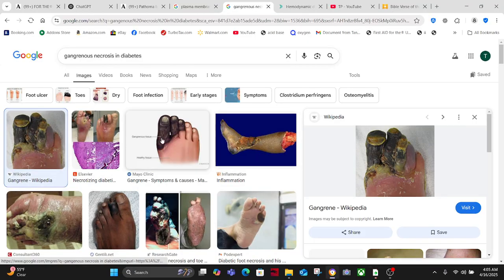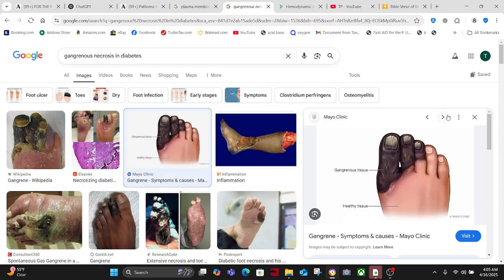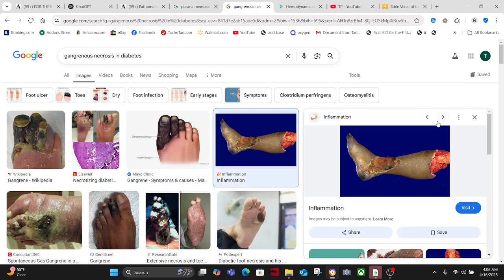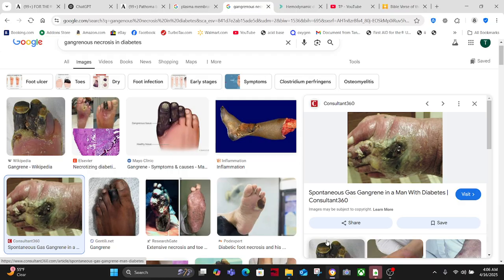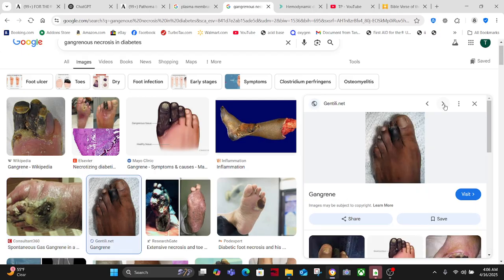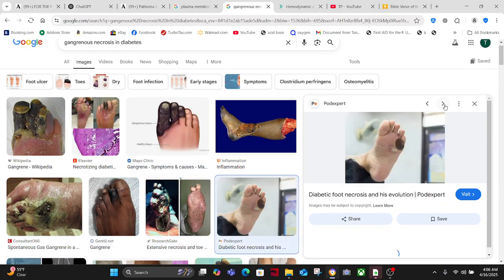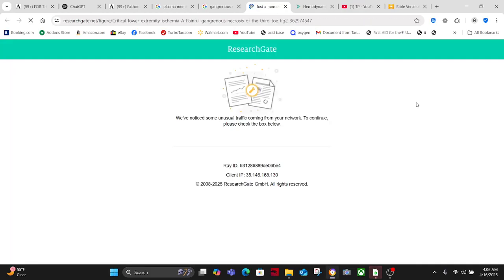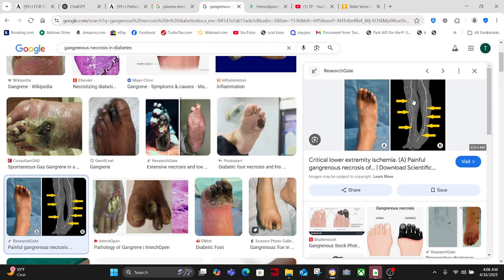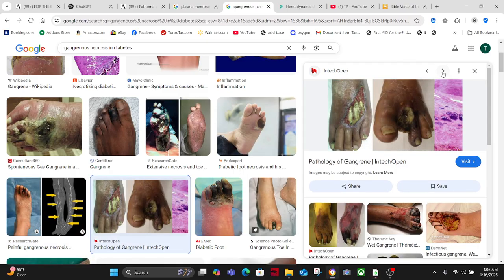So here it is. So this is a picture of gangrene, healthy tissue, gangrenous tissue. So you have an idea what this is. So here the second toe was amputated.